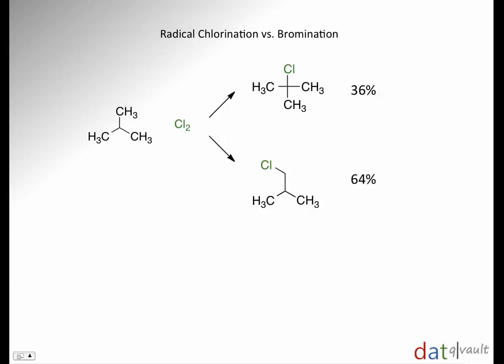So we can actually determine why this percentage is the way it is, and that's because the rate of abstraction of a tertiary hydrogen is far faster than a secondary, which is faster than a primary.